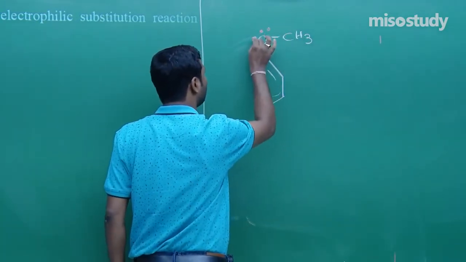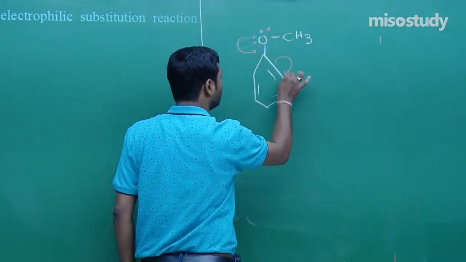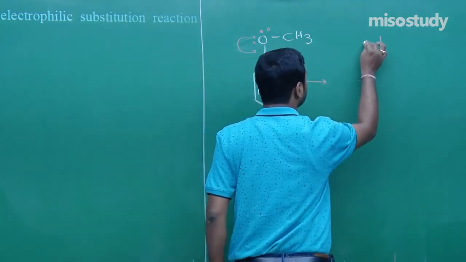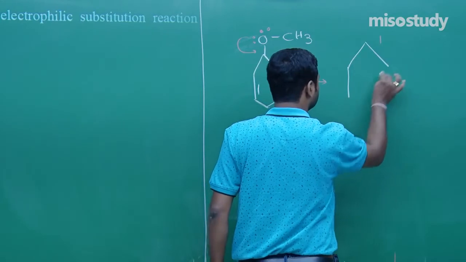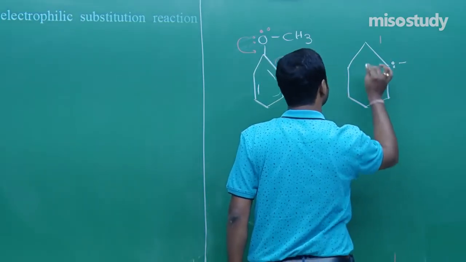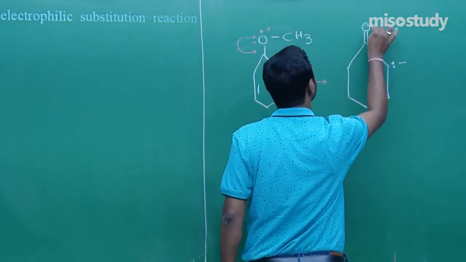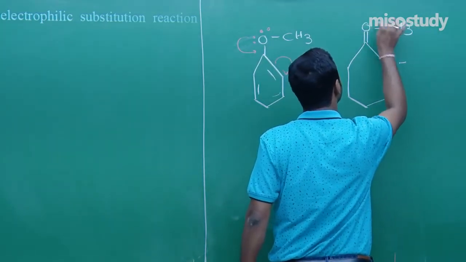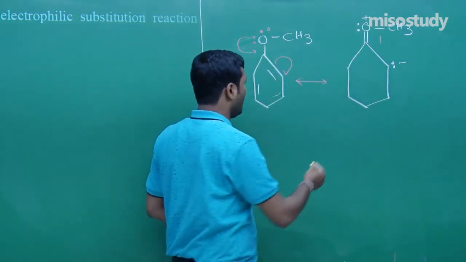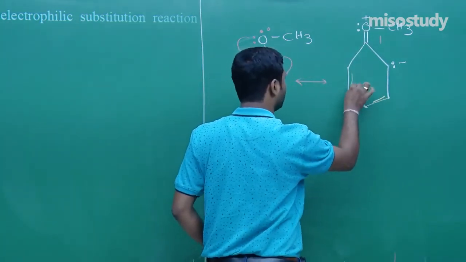Clear to you? Now what will happen? It contains a lone pair of electrons. This will move here, this will move here. So the first structure is this one with a minus, there comes O, and here is CH3. Clear to you? Now this one here and this one here.